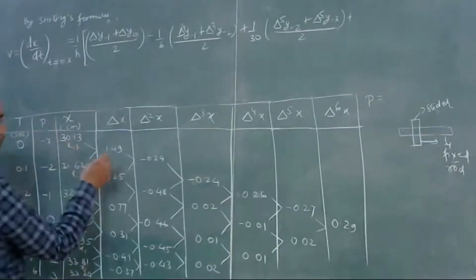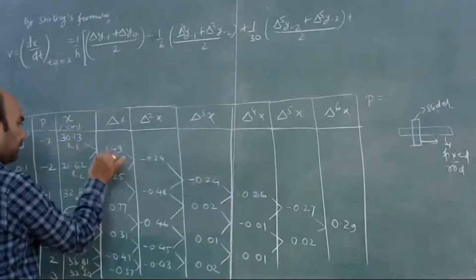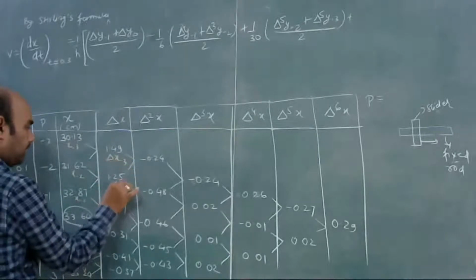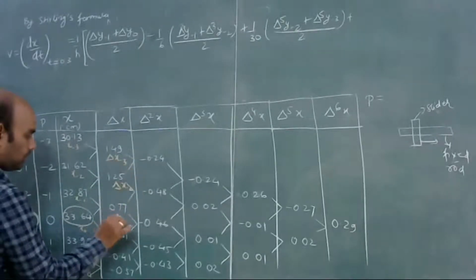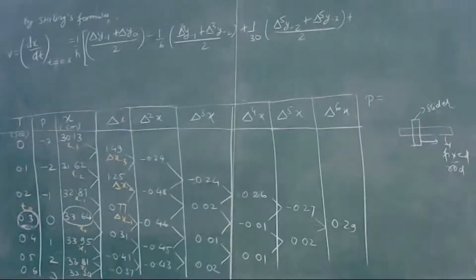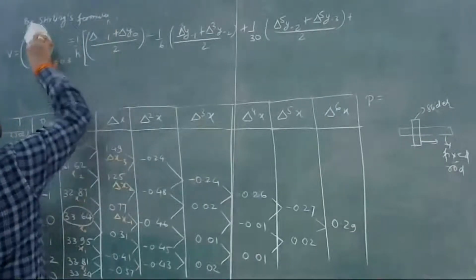So this value will be del x minus 3. This will be del x minus 2, del x minus 1. Here this y will be replaced by x. So this is dx by dt.